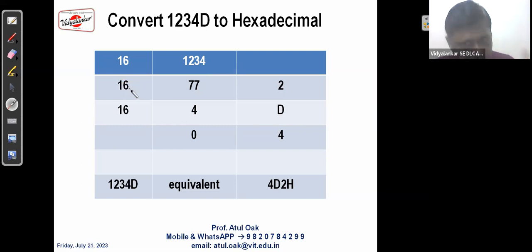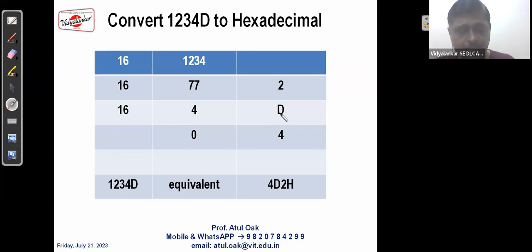77 divided by 16. 16 fours are 64. Observe this step carefully. 77 minus 64 is 13, and 13 is represented by the letter D. So I have written here D. Why?